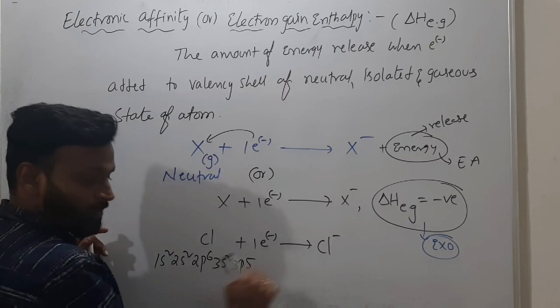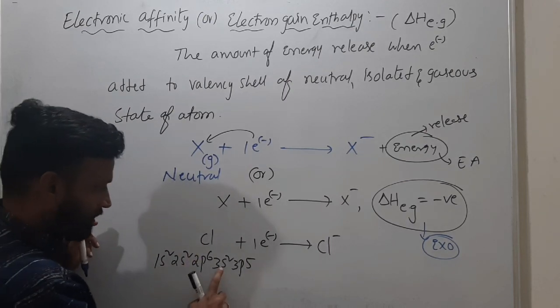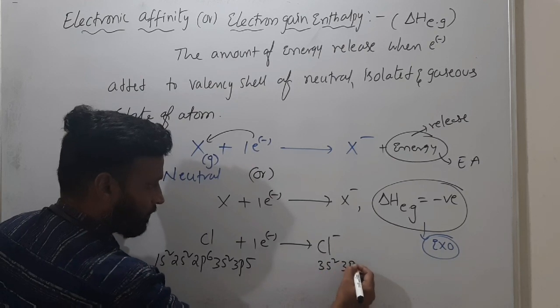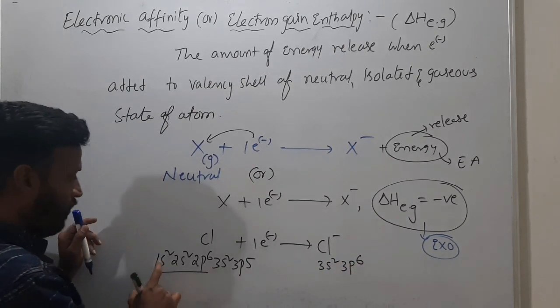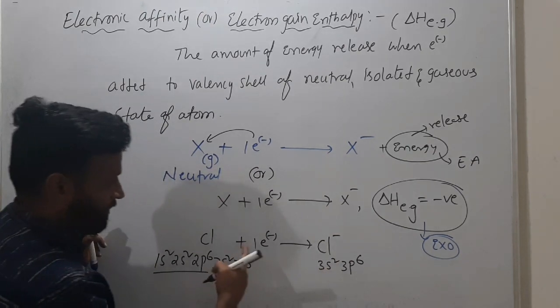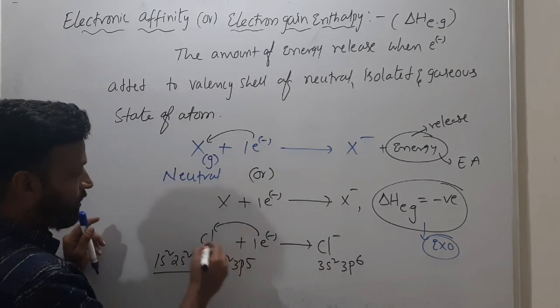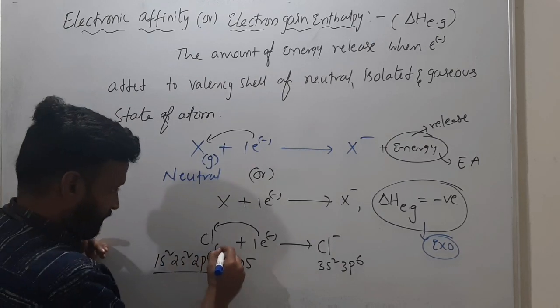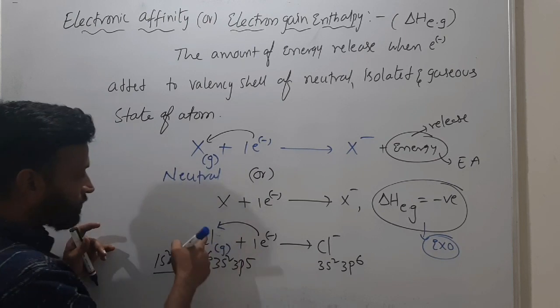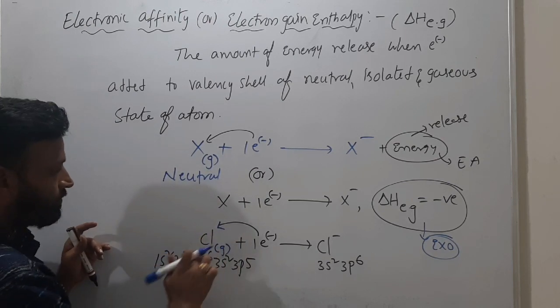Now Cl minus means what is the meaning? Cl means 3s2, 3p5. Now Cl minus means 3s2, 3p6. This remains same, 1s2, 2s2, 2p6, continuation 3s2, 3p6, because one electron you added for this neutral atom. What you did? You added one electron to chlorine.